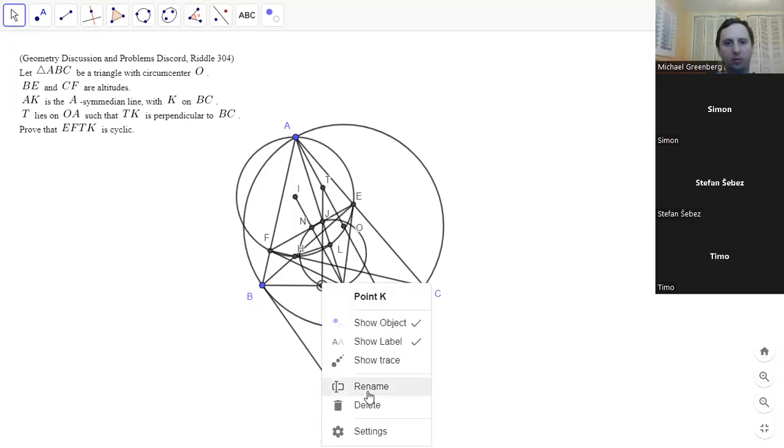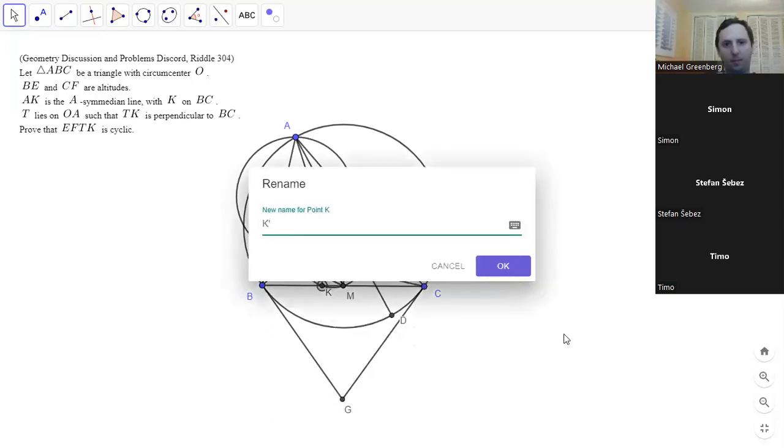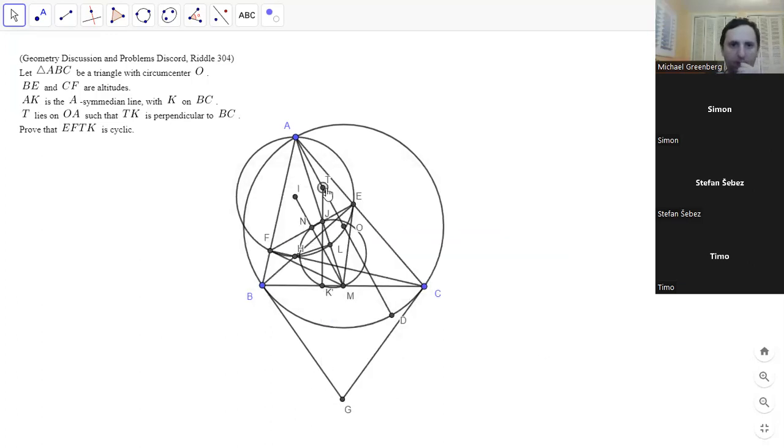So I'll call this K prime, and I'll just leave that as T for now.